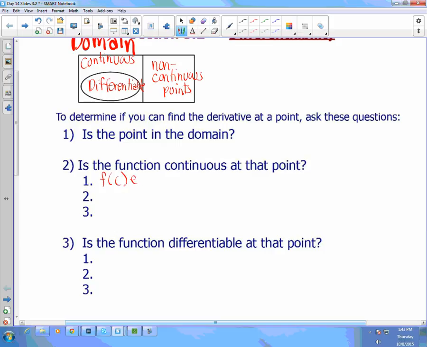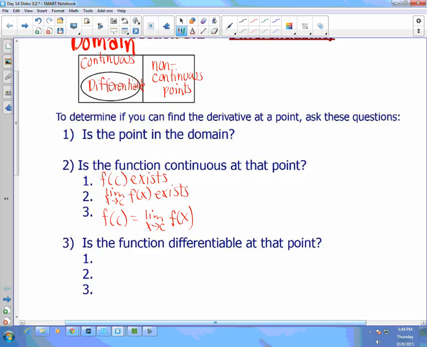The limit exists, the function value exists, and the last one, they're equal to each other. Good, excellent. So this is required as well.